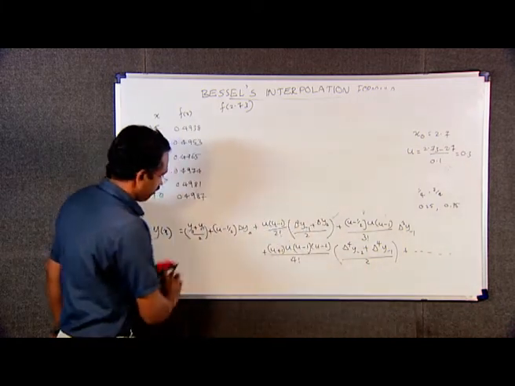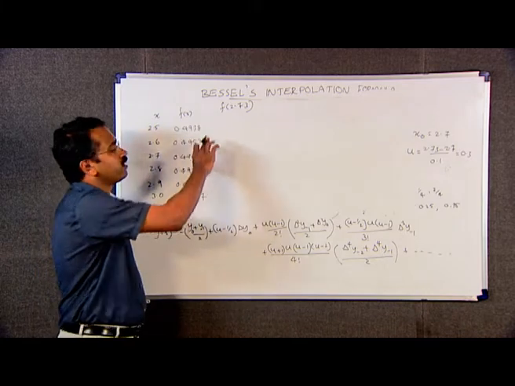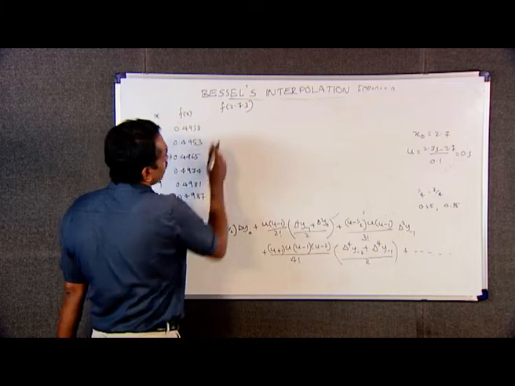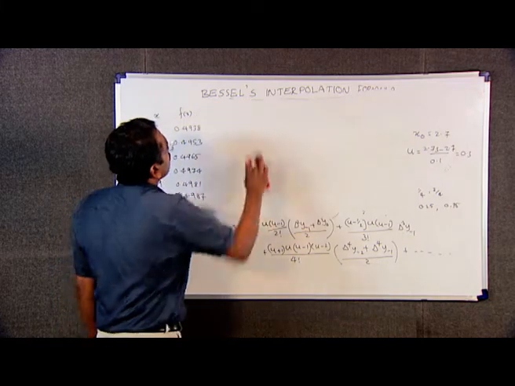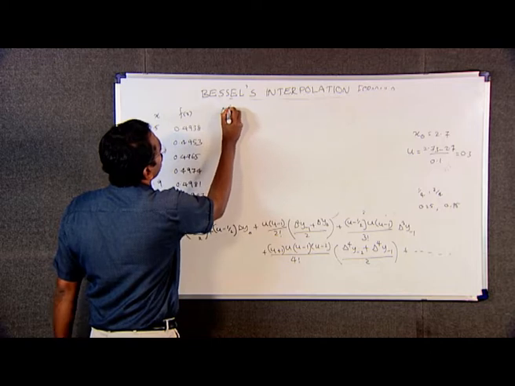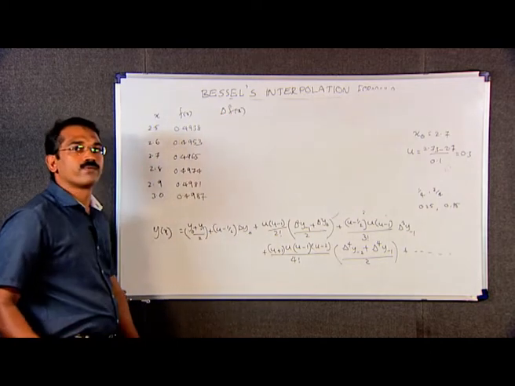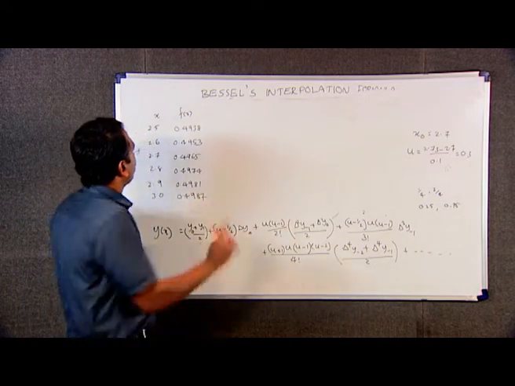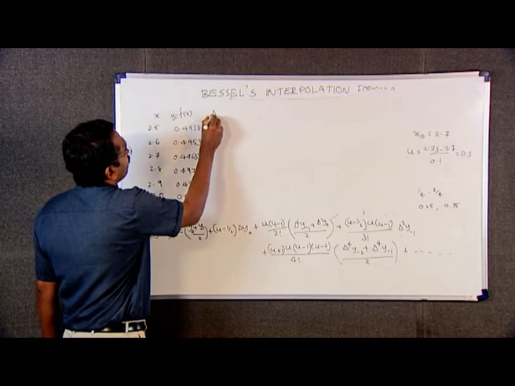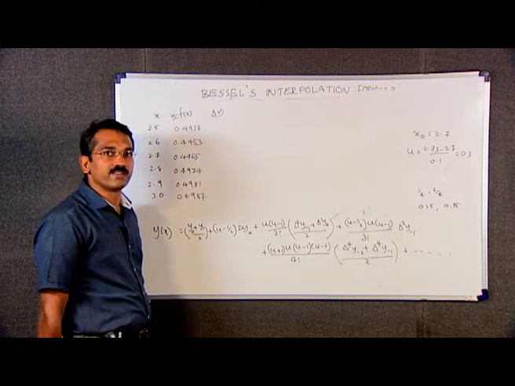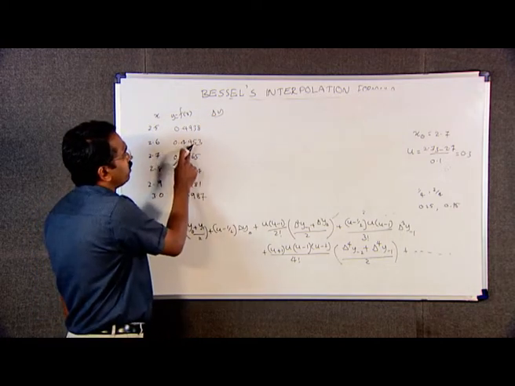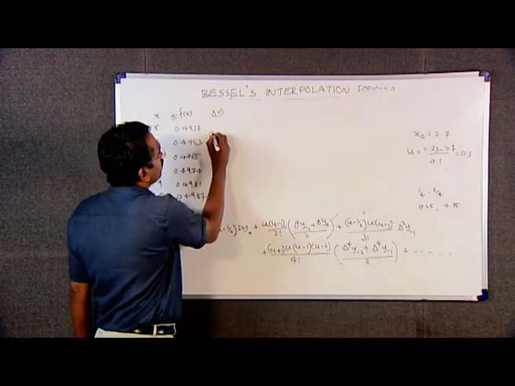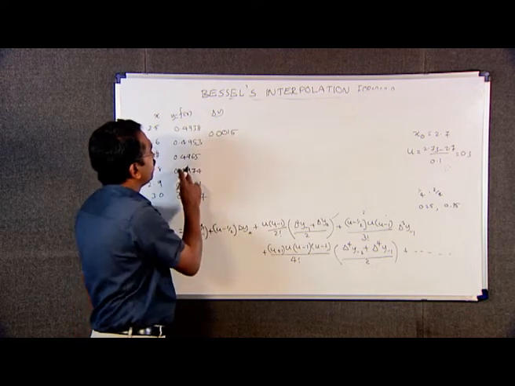First of all, we form the corresponding difference table. This is the given data. The first order differences are delta y, where we can use y for f of x. The first differences are 0.4953 minus 0.4938, which is 0.0015.